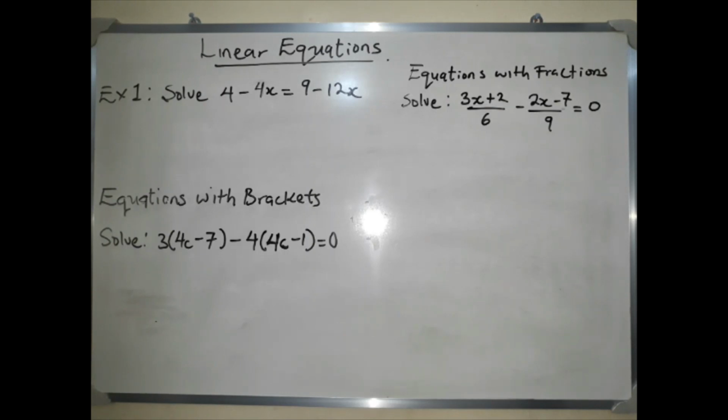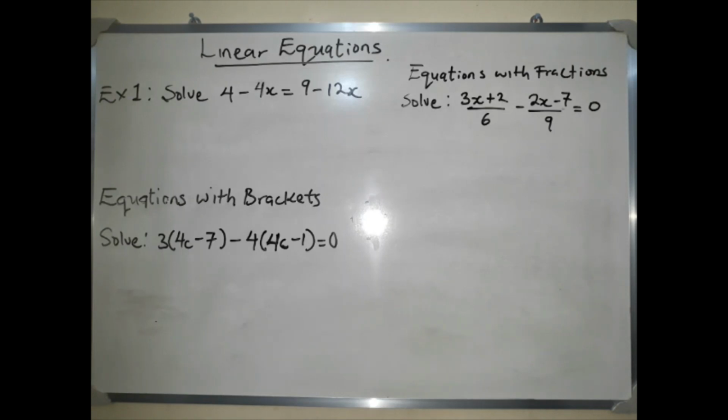So now, what you usually do in a situation like this is that you collect like terms so that the whole numbers will be on one side of the equation, while the algebraic terms will be on another side of the equation. For example, we're going to have to move the whole numbers to one side and then move the algebraic terms to another side.